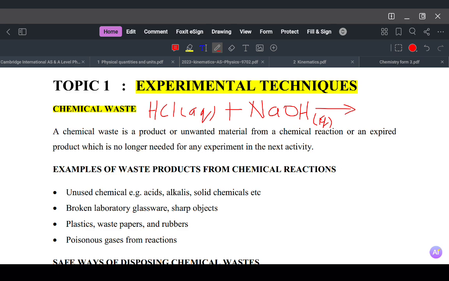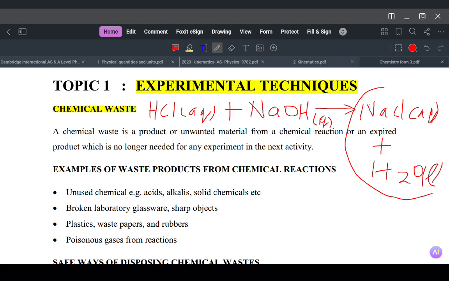When these two react, they will form a salt called sodium chloride in aqueous form, in addition to water, H2O, in liquid form. So these two substances are the products of the reaction.